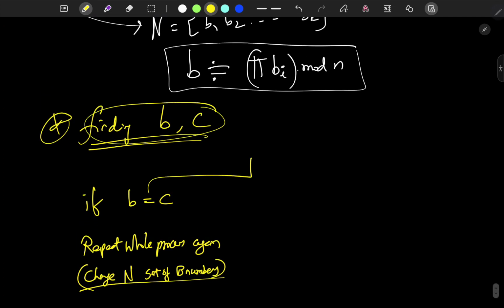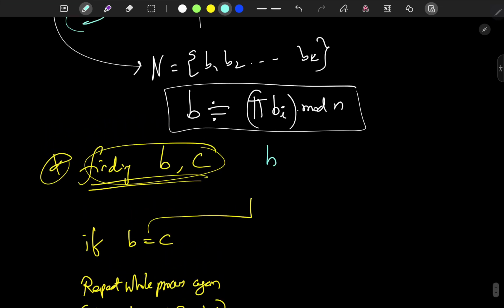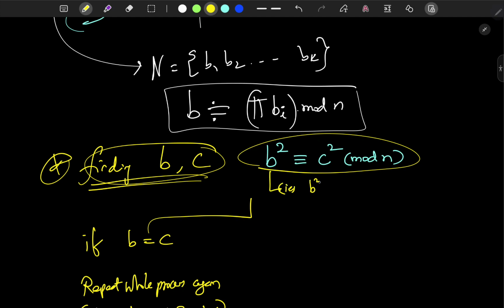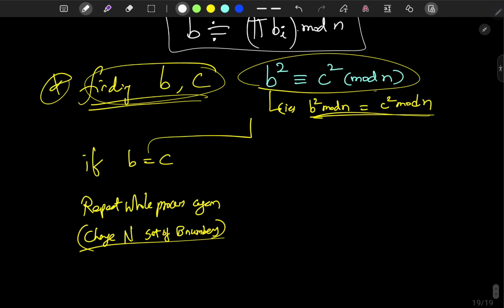First, after this, check whether B square is congruent to C square mod n. I have told this congruence property, and this can be written as B square mod n.